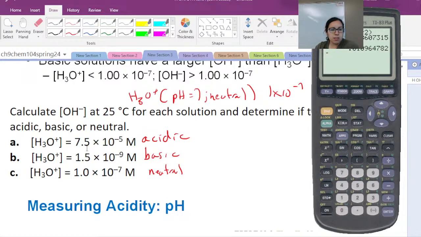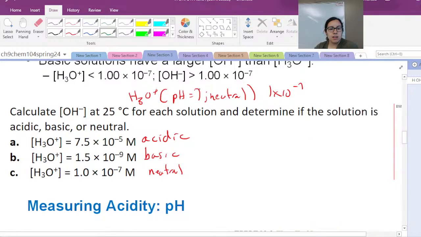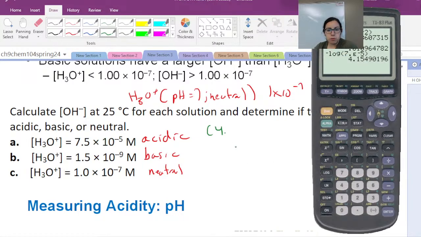Let's just do our first one: negative log of 7.5 times 10 to the negative 5th. Now we get 4.15 as our pH, and we can clearly see that that's acidic.